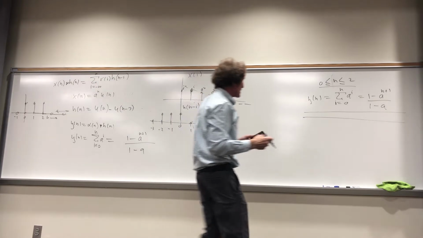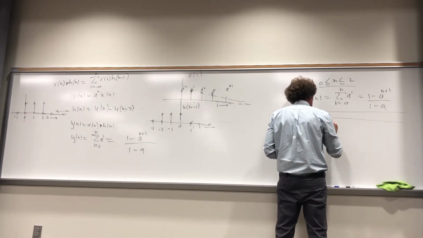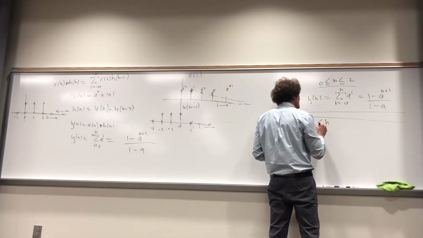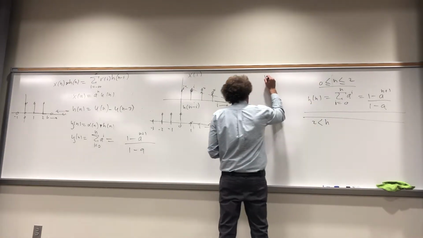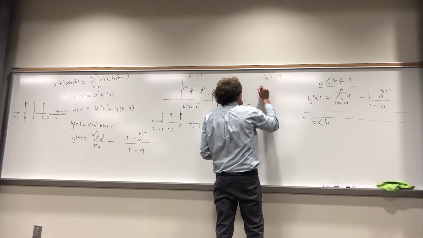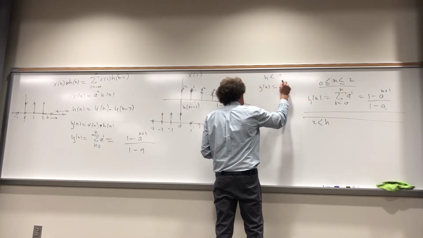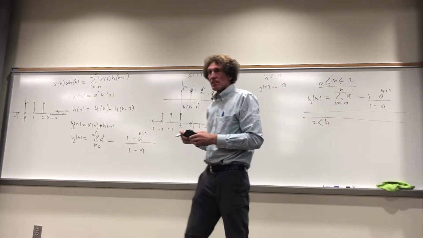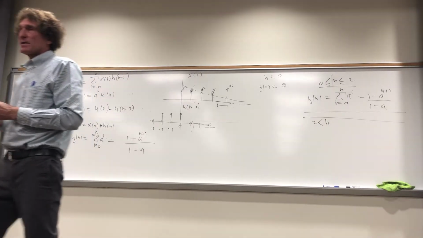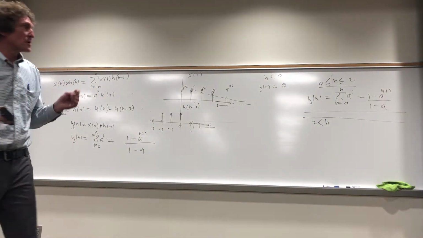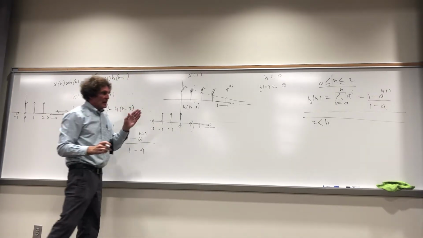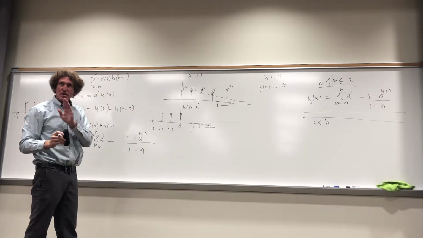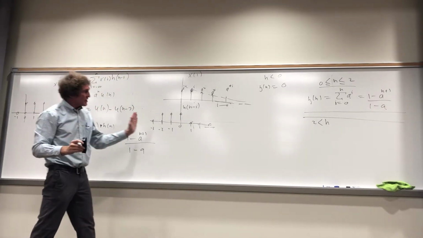Now, and I'll take it from the audience, what happens when n is greater than 2? And by the way, I didn't say this, but for n less than 0, y then, the convolution, is 0. Do we agree with that, class? Without me stating it too many times. Agreed? So what's this one going to be? Well, now, when n is greater than 2, I can erase this easily.